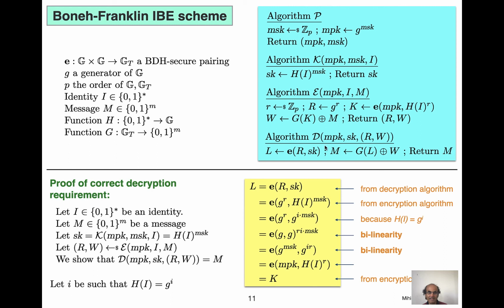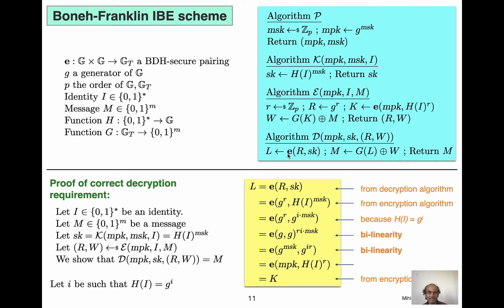Now we turn to how you decrypt this ciphertext once you have the secret key, which is created through this formula. What it will try to do is recover this key K over here, and we will call that value L here.